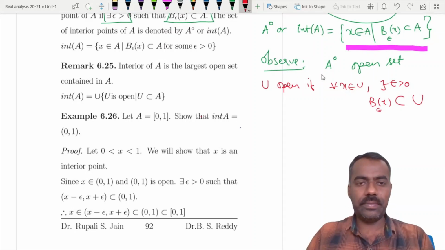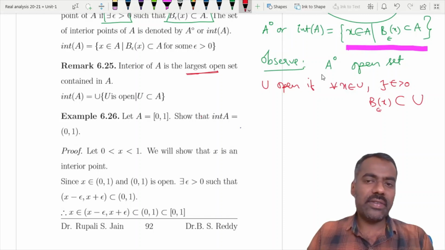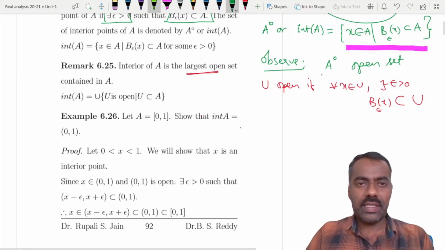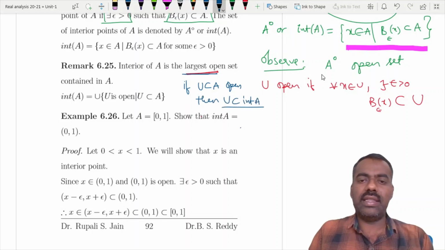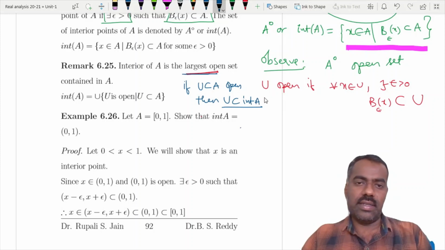Not only that, because it contains all such points, this is the largest open set contained in A. What is the meaning of saying that? What is meant by largest is that if U, a subset of A, is open, then U is contained in the interior of A. That's why, in that sense, it is called the largest open set.